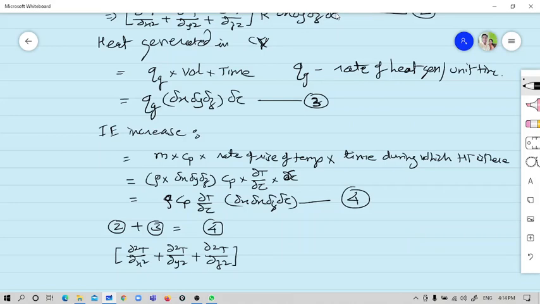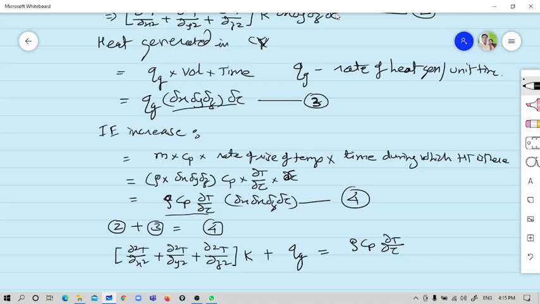We have k here, plus you will have the heat generation element, Qg. All these common terms will be cancelled. On the right side you will have rho Cp into dT by d tau.